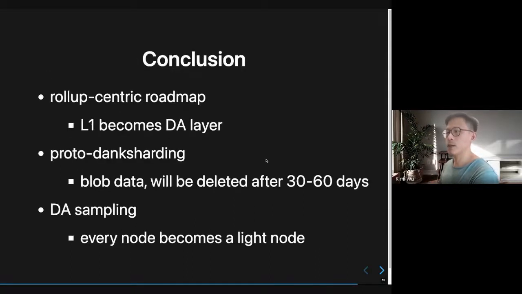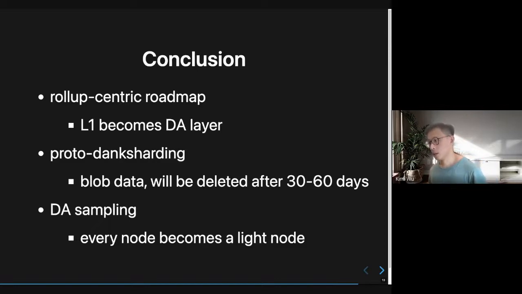And then, the conclusion. Through the rollup-centric roadmap posted by Vitalik, layer 1 now becomes a DA layer only, so only for data storage. And proto Danksharding introduced blob data, so you can have much more data in a transaction in a block, but the data will be deleted after a period of time.